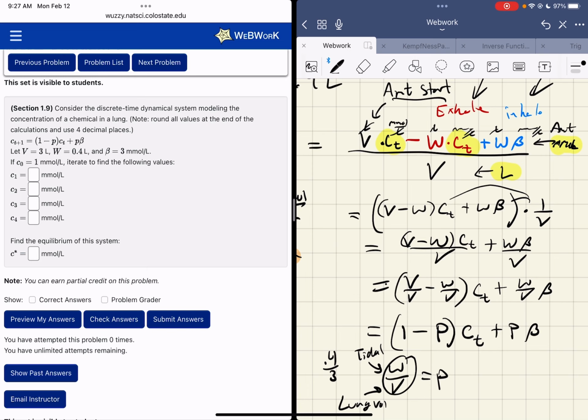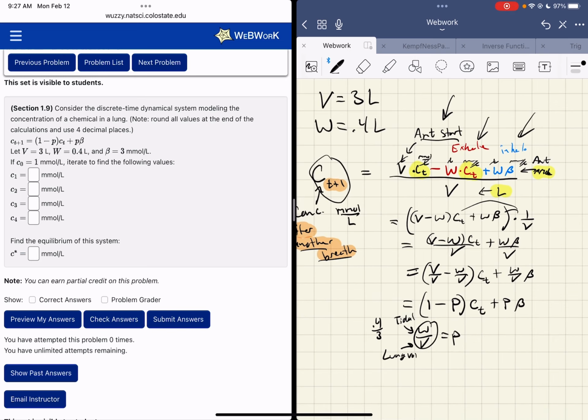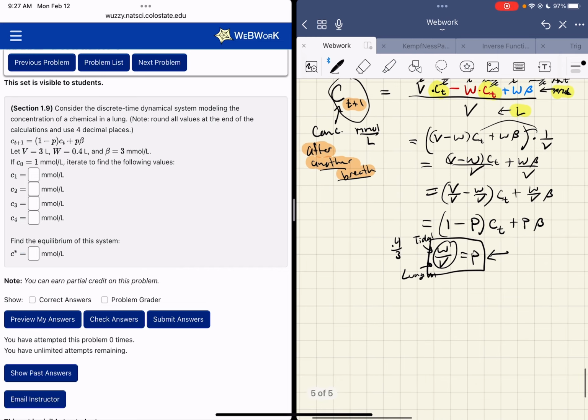You are clearly expected to know this, because nowhere in the problem statement does it tell you that P is equal to W over V. It tells you W, and it tells you V, and then it just throws out this letter P. So we have to know this relationship. It's implied, okay?